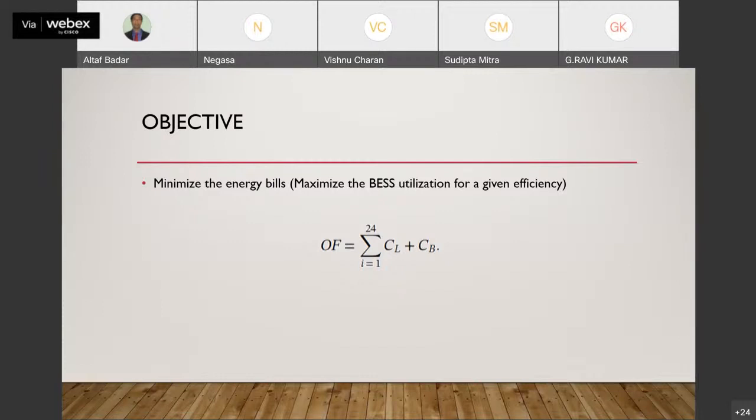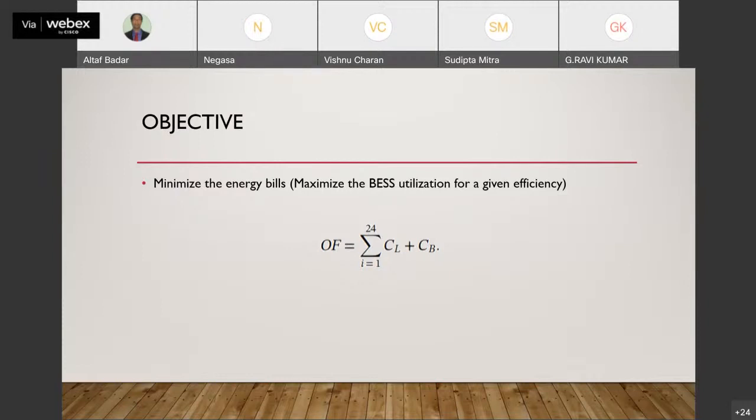So if I discharge it, then CB will be negative. If I charge it, the CB value would be positive. And my objective is to minimize the value of OF. The objective function needs to be reduced.